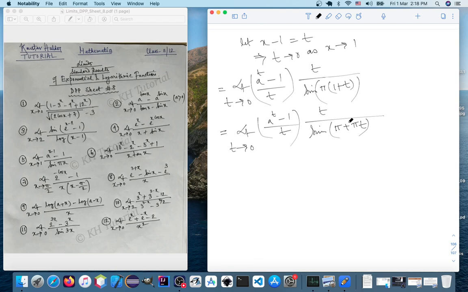The angle pi plus pi t is in the third quadrant, and sine will be negative.